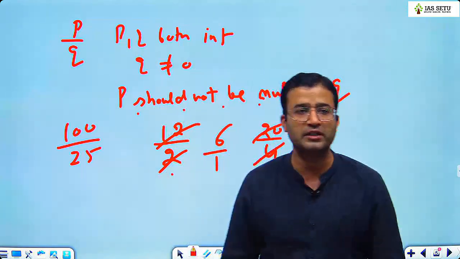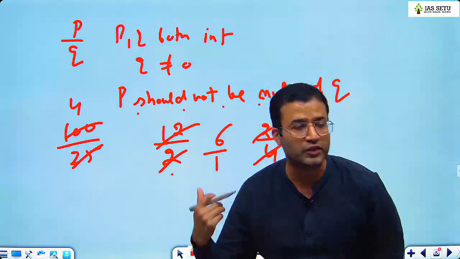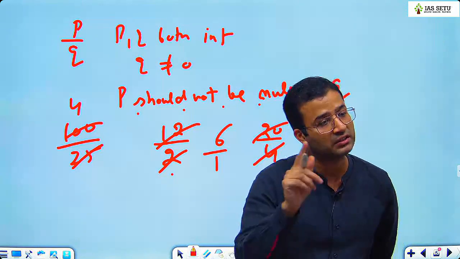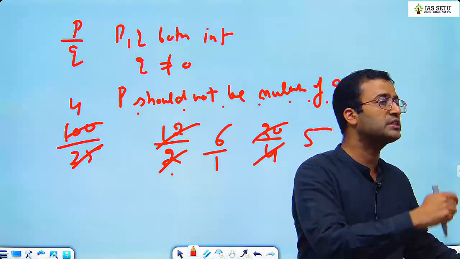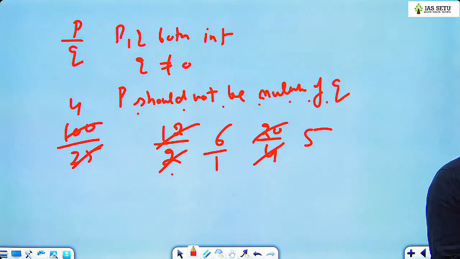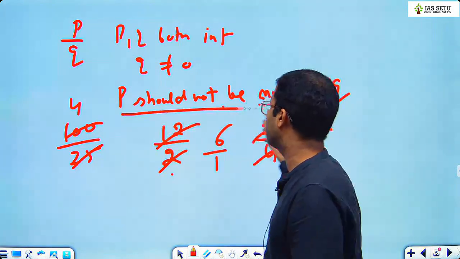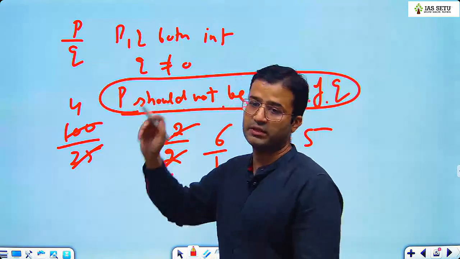You will say, sir, it is a fraction, but first simplify it, it is 4. If it is 4, then is it integer or fraction? Integer. If p is a multiple of q, it becomes an integer, it will not remain a fraction.